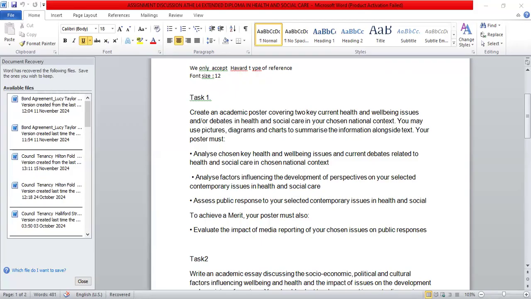Having said that, if you want to achieve a merit after getting a pass, then you have to evaluate the impact. So when we say public response, what are we looking at?